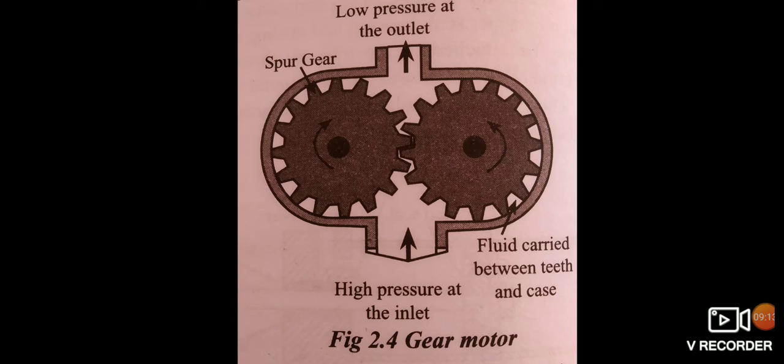Gear motors are normally limited to 150 bar operating pressure and 2500 RPM operating speed. They are available with a maximum flow capacity of 600 LPM.